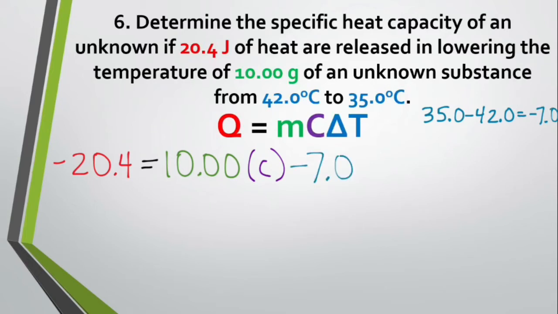So that's going to kind of balance out or cancel out the negative on our heat that we put in there, so that our specific heat is just a positive number basically, but we'll get to that in the algebra portion of this.